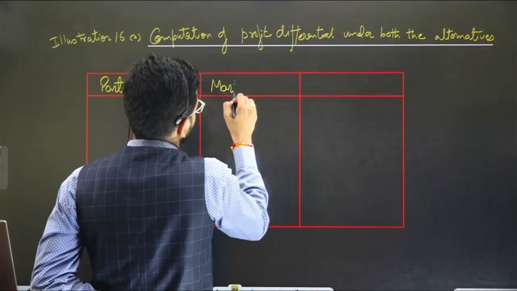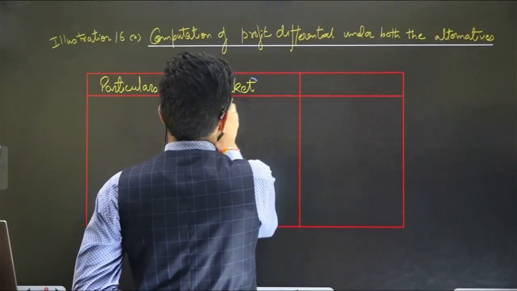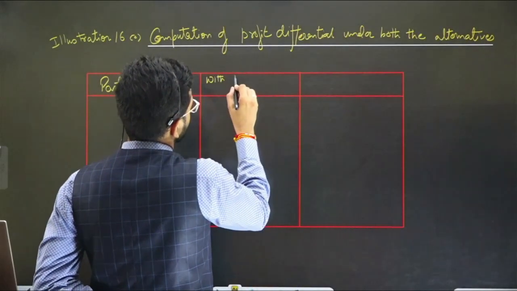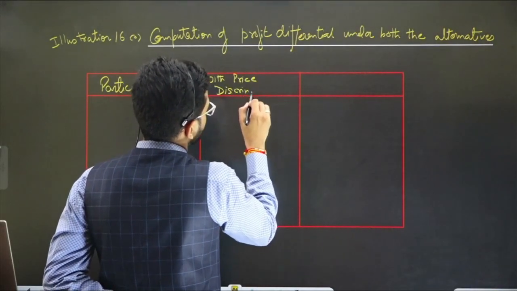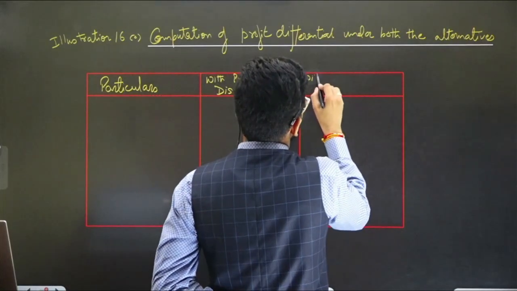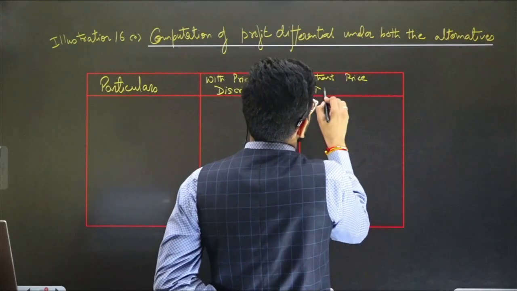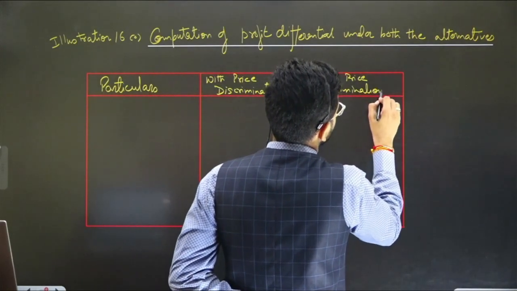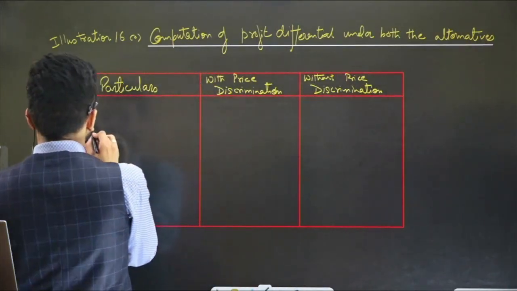This is market 1. No, this is not market 1. This is option 1, which is with price discrimination, and this one is without price discrimination. This is with price discrimination, this is without price discrimination.